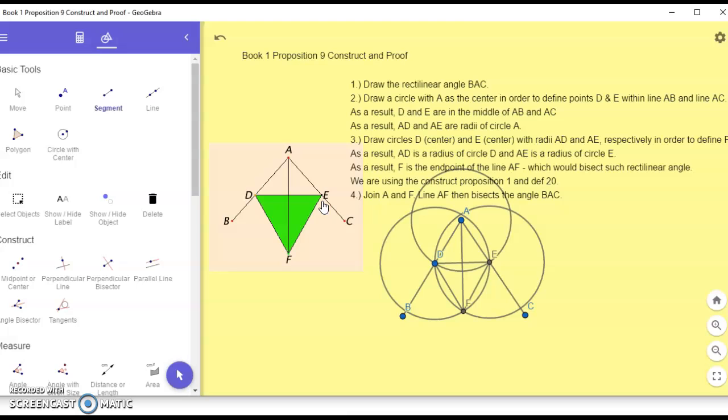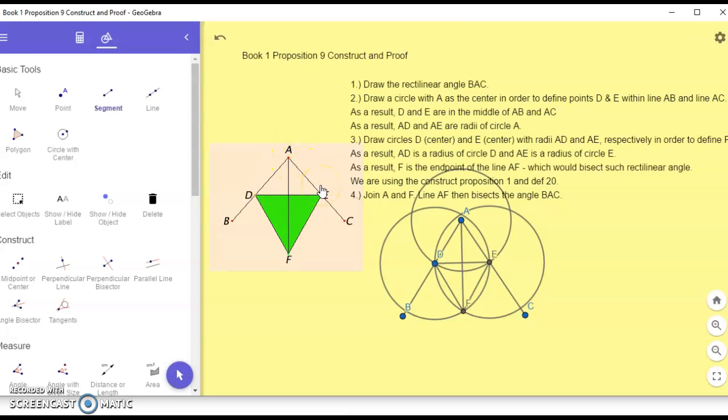And again, these two sub-angles were produced after we have the line AF that bisects the big angle BAC. With line AF, we have produced two equal sub-angles, DAF and FAE.